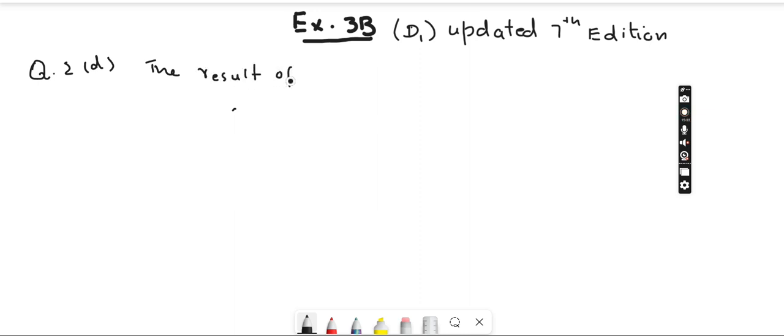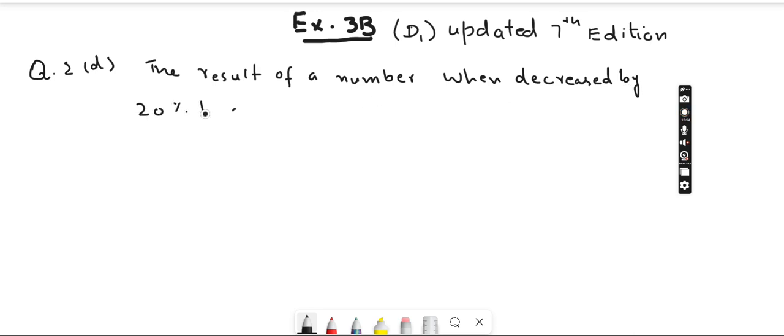The result of a number when decreased by 20% is 192.